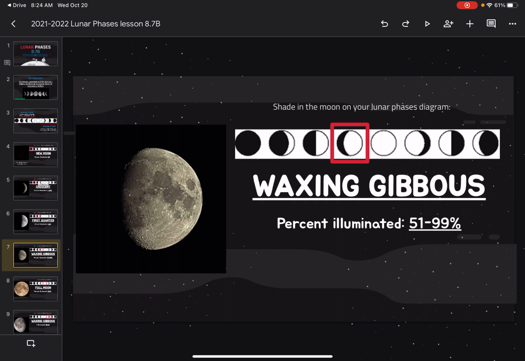So it is still considered waxing. And then since more is illuminated, it is a gibbous. So think about gibbous. If I were to write in a big capital G, it would take up a lot more room in a circle. And we'll go over this in the bullseye diagram, which has all this information in one spot, and that will be the next video.